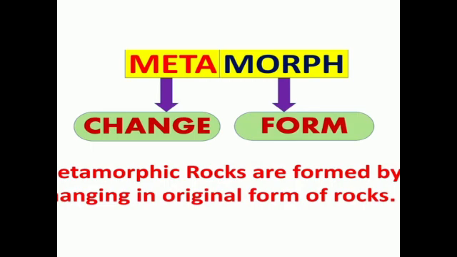Inside the earth, the nature of some igneous and sedimentary rocks changes due to the effects of tremendous heat or pressure and transforms them into new rocks, that is metamorphic rocks. So children, I hope you understand how metamorphic rocks form.